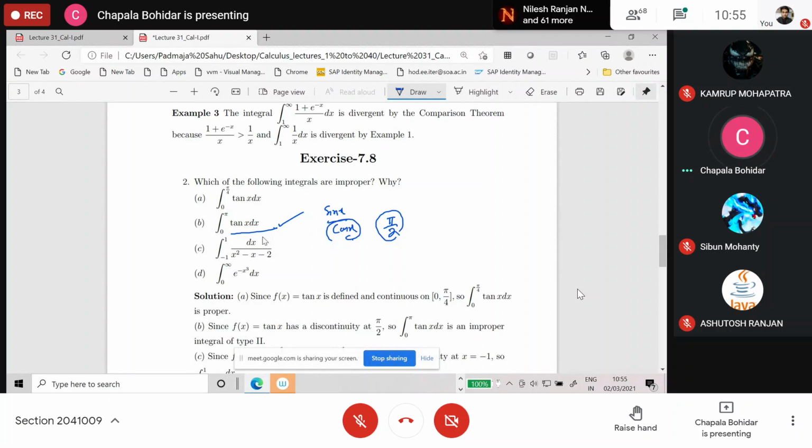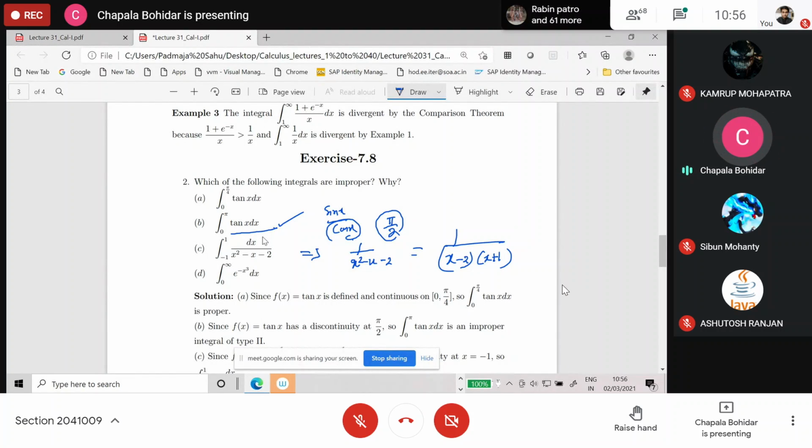Now, dx by x square minus x minus 2. I can write down 1 by x square minus x minus 2 as 1 by x minus 2 and x plus 1.